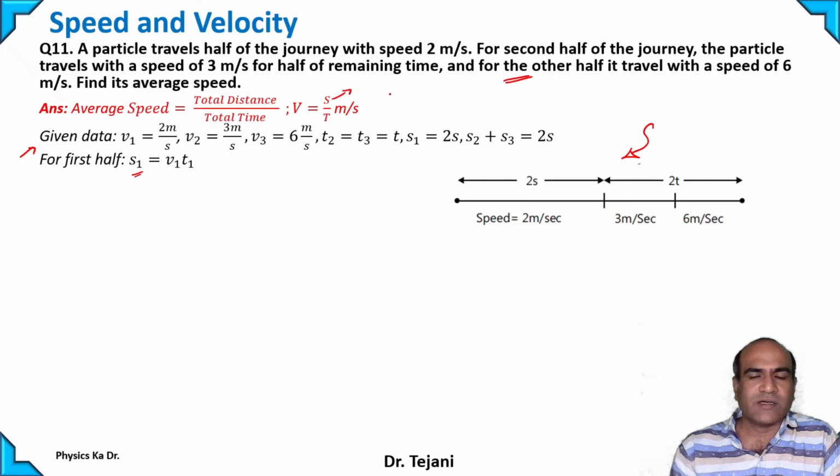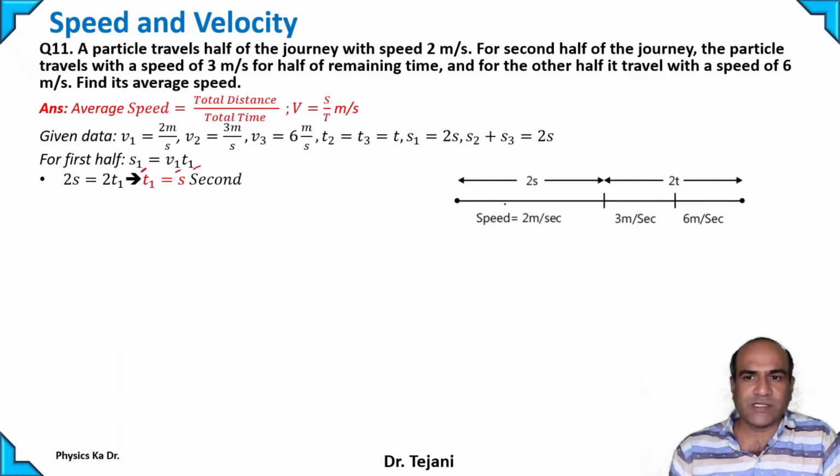From S is equal to VT, S1 is V1 T1, where V1 is given as 2 meters per second, and S1 is given.